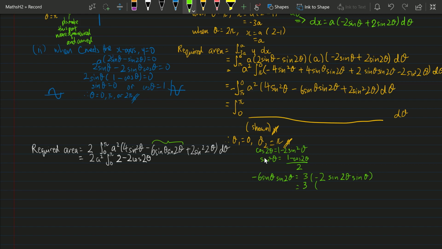So now I'm working from the right hand side that you see on your formula list, to the left hand side. So negative 2 sine, apologies, I should follow the same order, negative sine 2 theta sine theta, right?